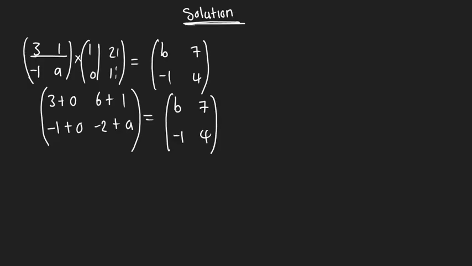When you reach here, you know what to do. You are going to have 3 plus 0, 3. Negative 1 plus 0, negative 1. 6 plus 1, 7. And then you are going to remain with an equation here. Remember, I said the matrices can include letters, numbers, and equations.